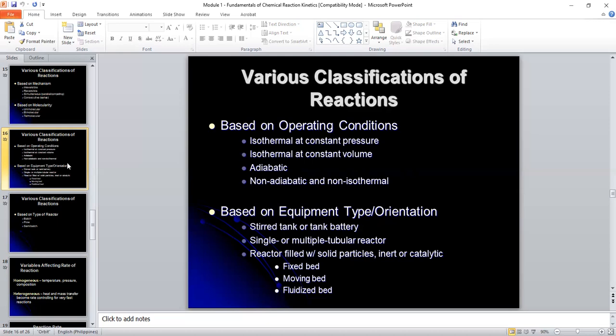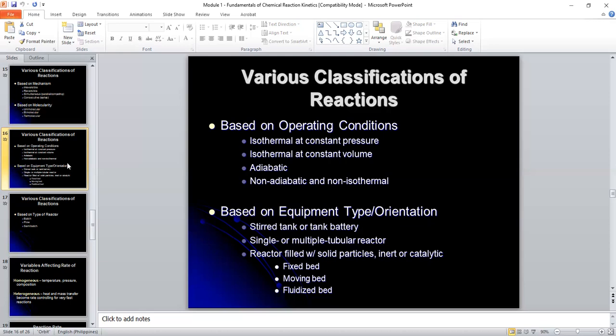Now, it could also be classified based on equipment type or orientation. I have mentioned this already. Are you using a stirred tank reactor? Are you using a tank battery, meaning several stirred tank reactors arranged in series? That's what we mean by tank battery. Or are you simply using a single tubular reactor or plug flow reactor? Or are you using multiple tubular reactors?